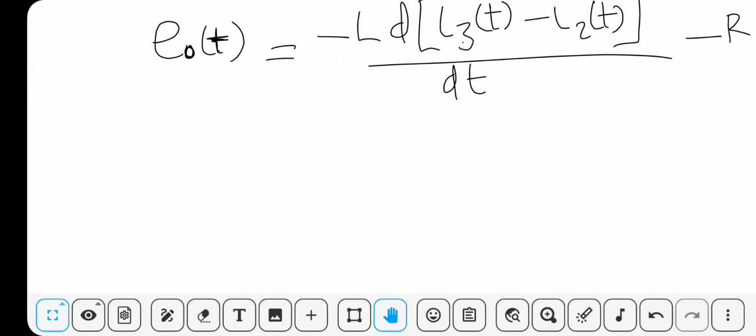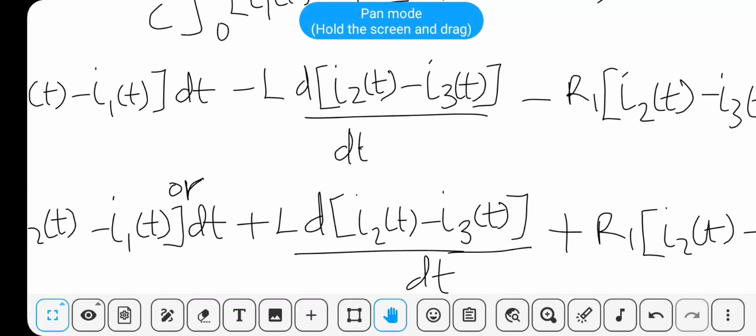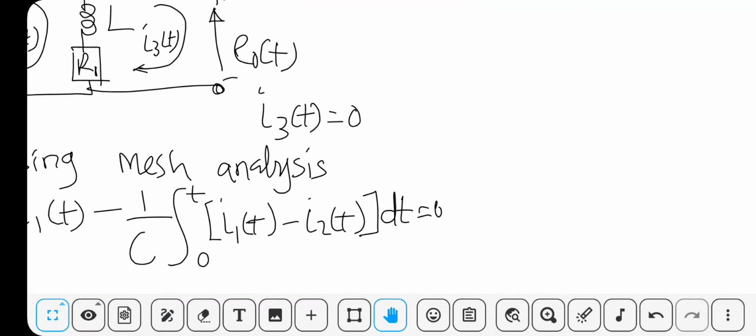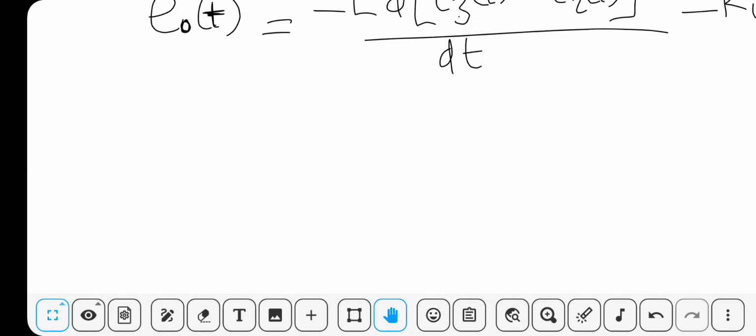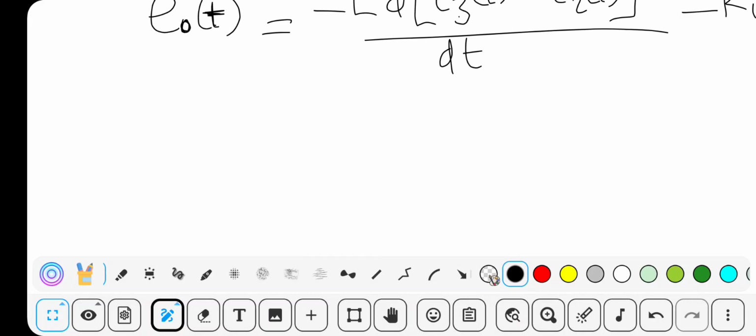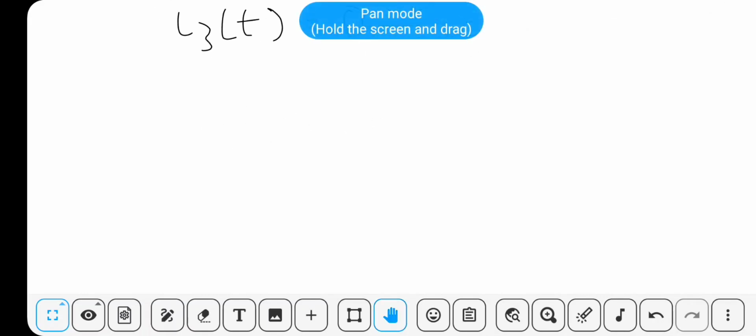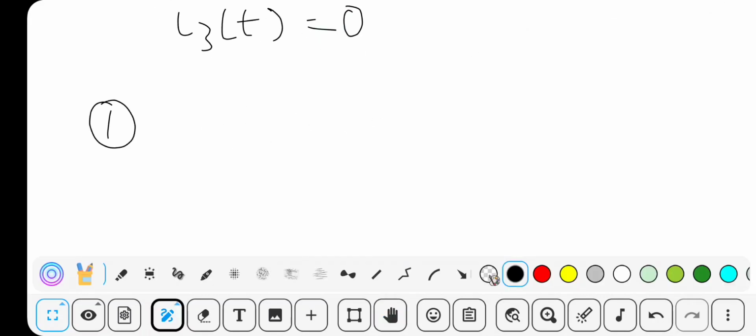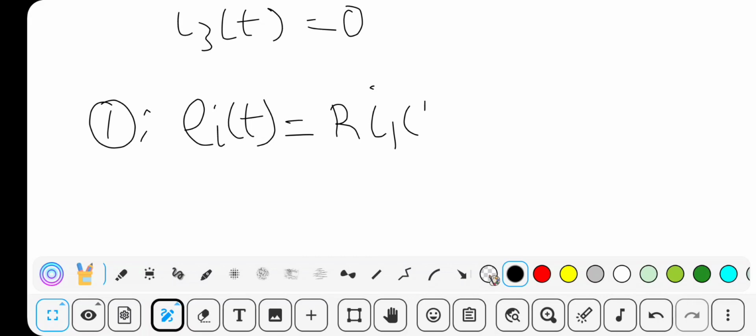So we know that, as I've explained, I3 of t is equal to 0. So substituting the value I3 of t equal to 0, equation 1 becomes E of t, the voltage across the input terminal, is equal to R I1 of t plus 1 over C integral of I1 minus I2 dt.